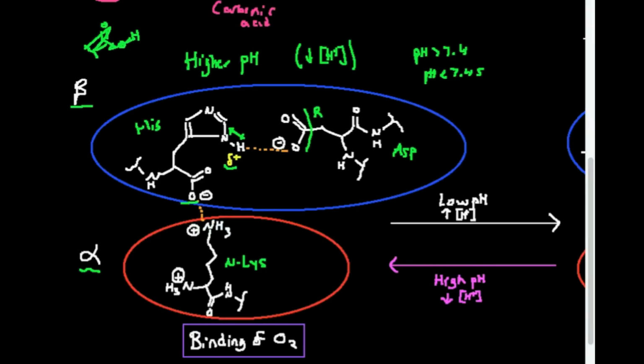The T state stands for tense, and the T state is when oxygen is dissociating more than binding. So if you compare the R versus T state, binding of oxygen is more in the relaxed state. So ultimately, when you have these electrostatic interactions at a higher pH or low H+ concentration, it tends to stabilize hemoglobin in the relaxed state, or the R state.